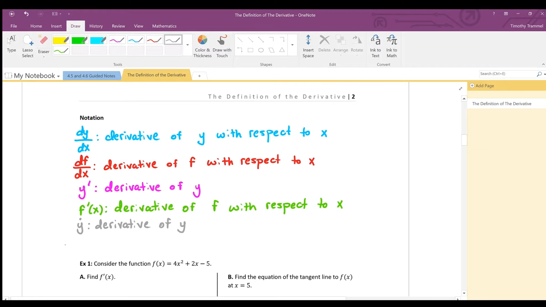And also just this capital D. So D of f of x. And so this would be the derivative of f with respect to x. And the only reason that I know that this derivative is with respect to x here is that's our only variable, x.